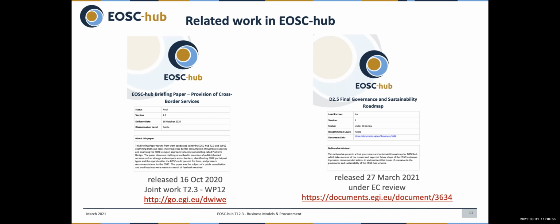It also provides a number of recommendations more generally for the EOSC. This was published a few days ago. It is under EC review. Still, it is publicly accessible for your access.